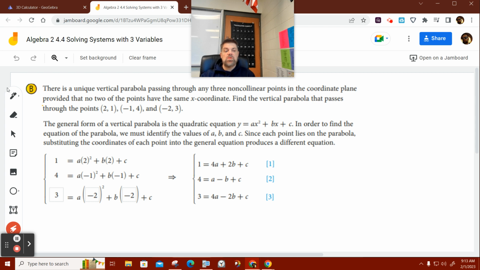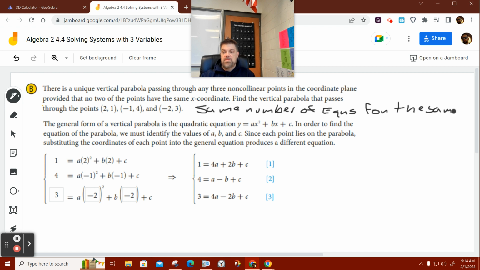So here's one thing I need you to know. When it comes to systems, write this down in your notes: you need the same number of equations for the same number of variables.